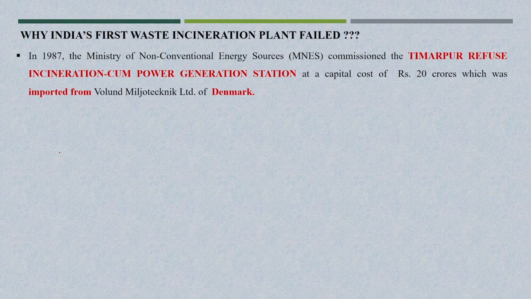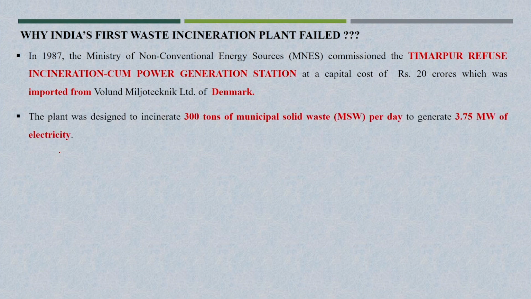You can understand that in 1987 the cost was very high, and the technology majorly came from Denmark. The plant was designed to use around 300 tons of MSW per day, and the idea was to produce 3.75 megawatt of electricity.